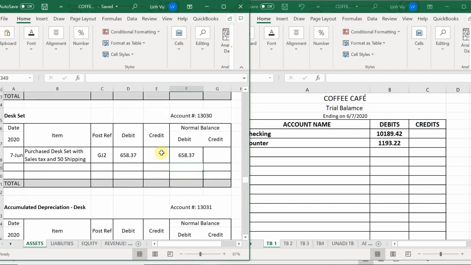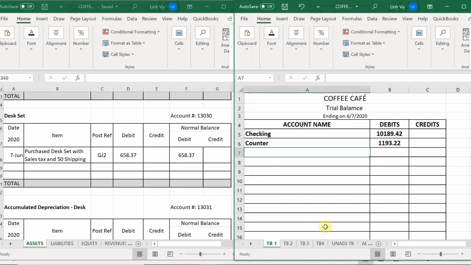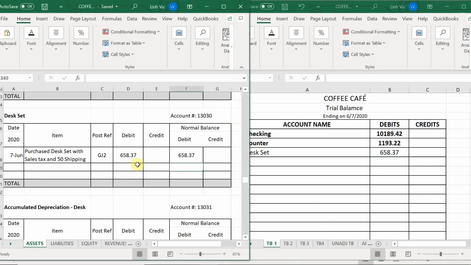It increases my assets. The next account I have is my desk set, for a total of 658.37.